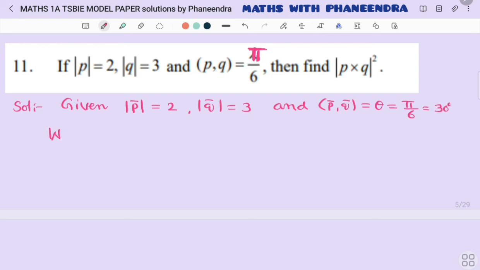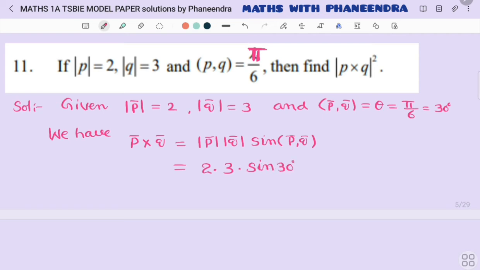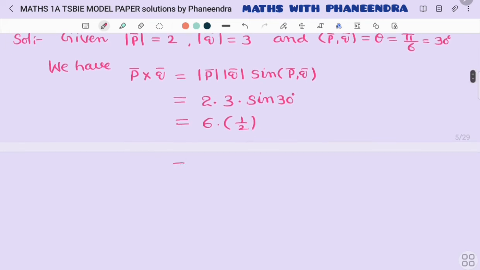We know that p bar cross q bar, the cross product of two vectors, has magnitude equal to mod p bar into mod q bar into sine of the angle between p bar, q bar. So mod p bar is 2 into mod q bar is 3 into sine 30 degrees. 2 threes are 6 into sine 30 is 1 by 2, which is equal to 3.